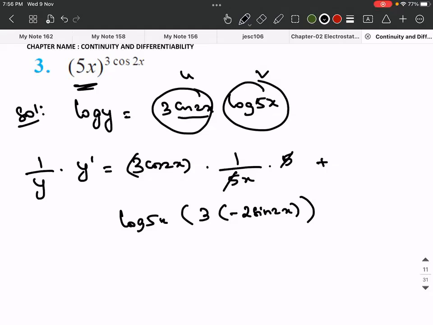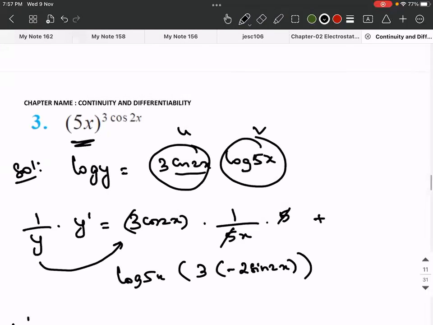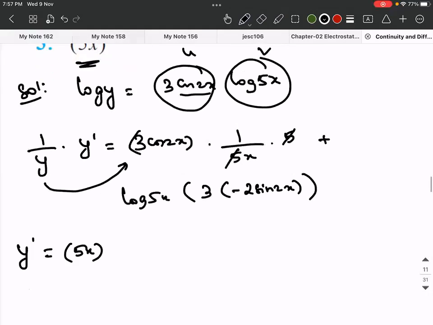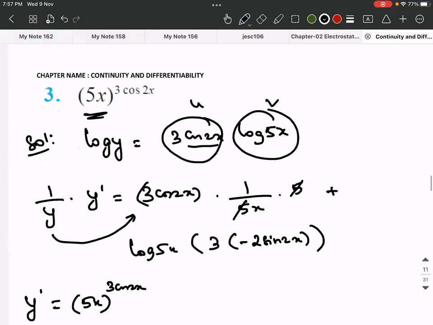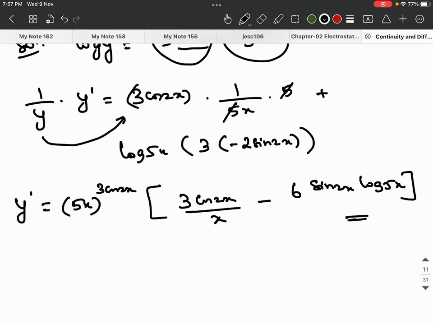So 5 and 5 will get cancelled. Y dash will be equal to y, if I take it to the other side. Y is going to be 5x to the power of 3 cos 2x into 3 cos 2x divided by x minus 6 into sine 2x into log 5x. Check. This is what you're getting.